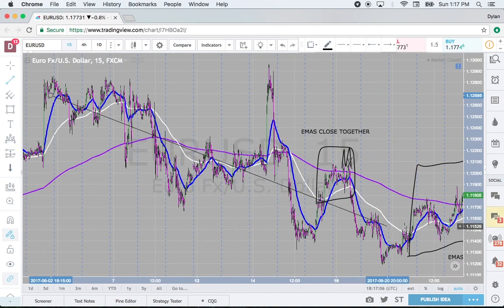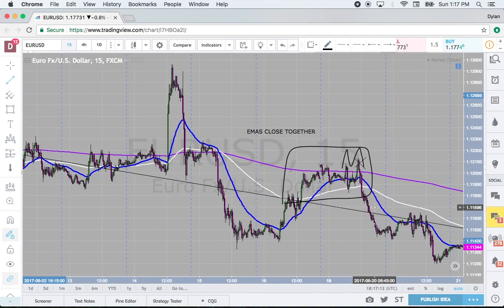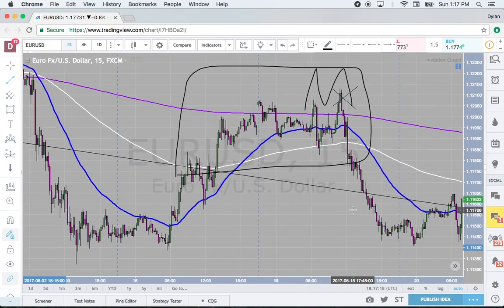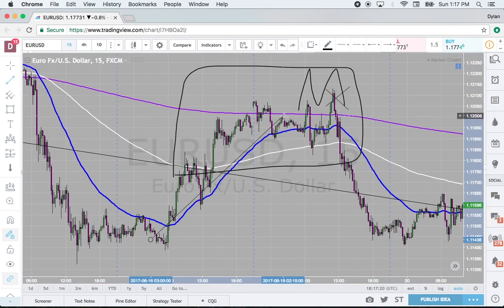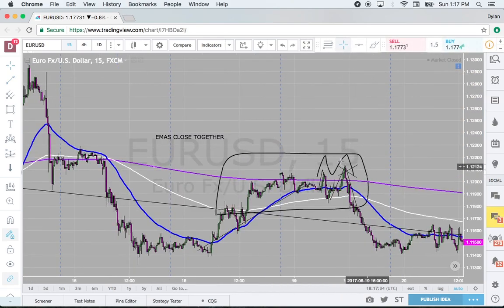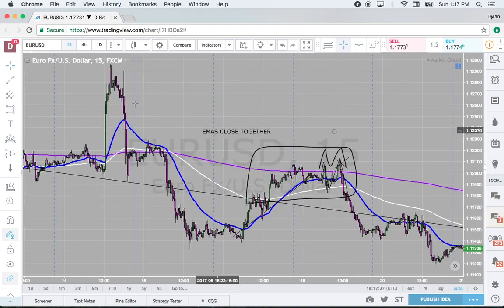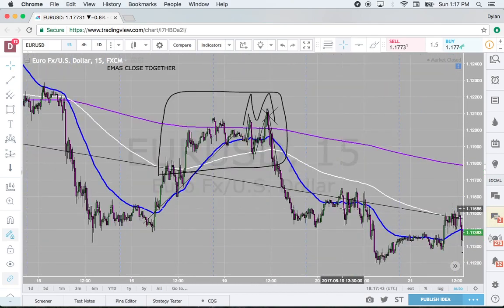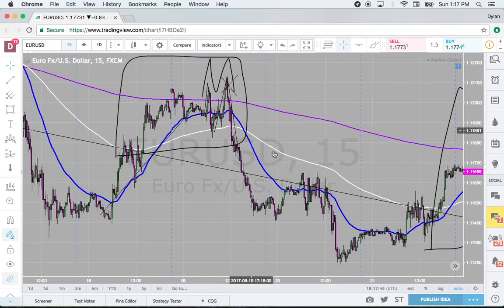So here we see a large downtrend in the Euro USD, but in the downtrend we're obviously going to have retracements, right? So we see this retracement, and then price meets the 800 moving average and forms that M formation on the 800. Correct? That represents a reset in the initial downtrend. And you can see once that reset happens, the EMAs spread out.